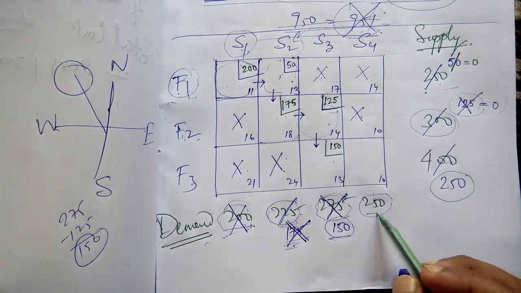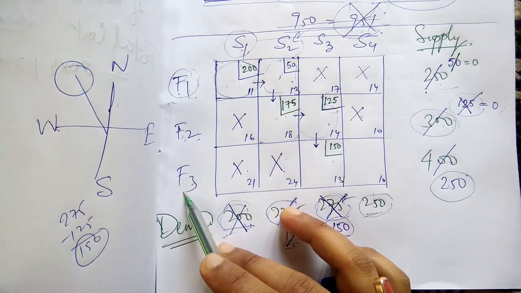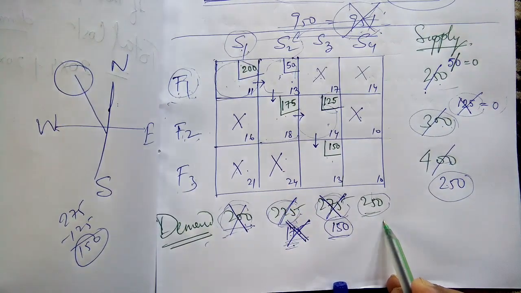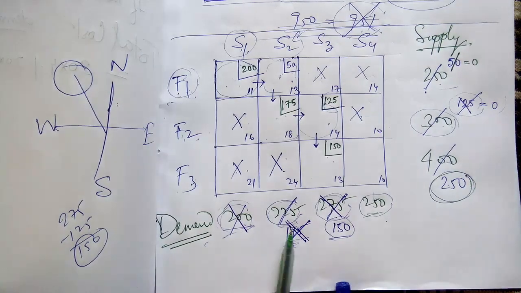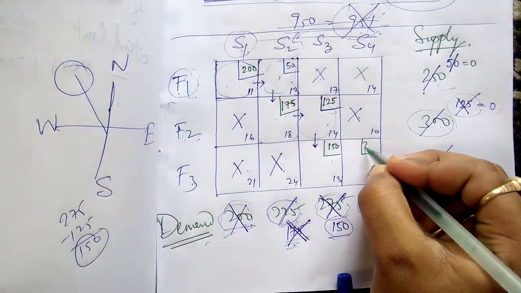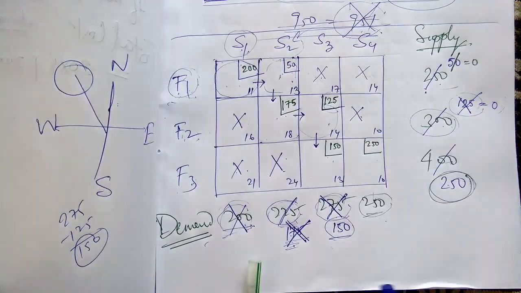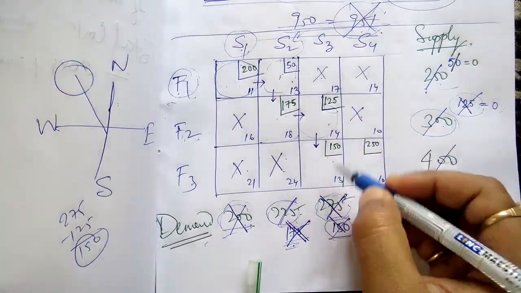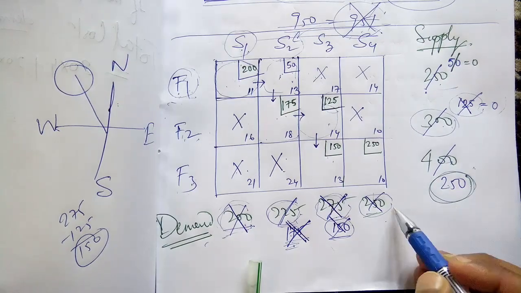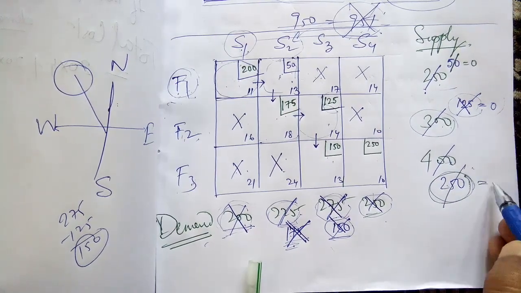Let's check whether factory 3 can fulfill its demands. Yes, factory 3 has got 250 goods. So give it 250. So its demand is fulfilled. It is also fulfilled.